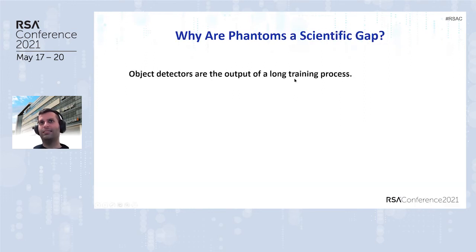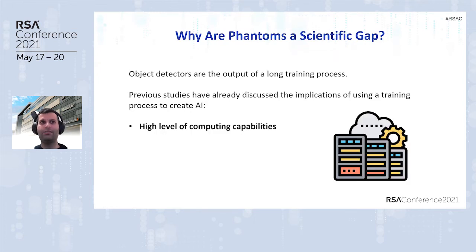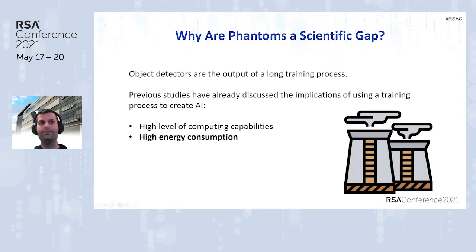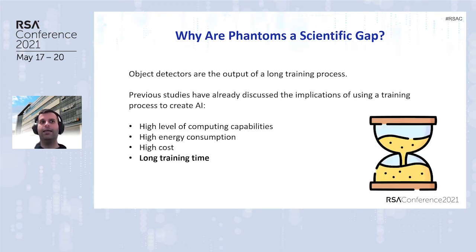So why are phantoms a scientific gap? Object detectors are the output of a long training process. And previous studies have already discussed the implications of using a training process to create AI. They discussed the high level of computing capabilities, the high energy consumption, and also the high cost and the long training time.